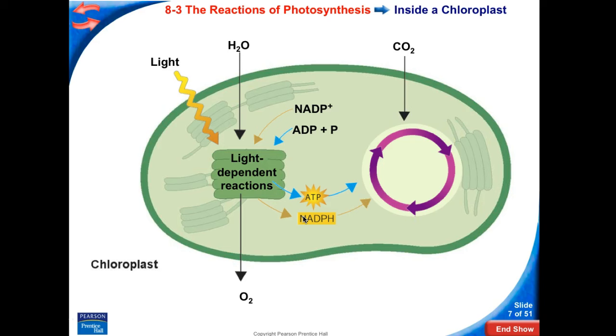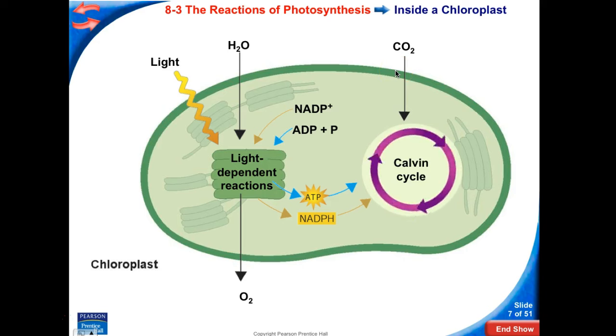Now, the other area of the chloroplast is called the stroma. And the stroma is where the Calvin cycle takes place. Going into the Calvin cycle makes the sugar. The Calvin cycle does not require light energy. Coming in, we have ATP, NADPH, and carbon dioxide gas.